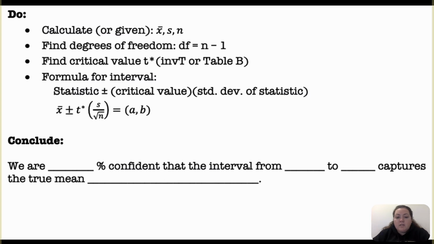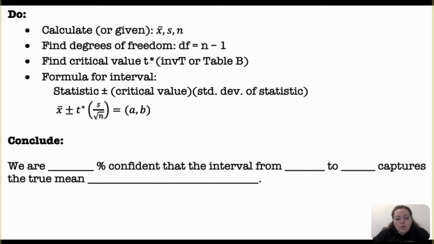We're going to use inverse t, or we can use our tables that come along with our reference sheet and formulas. And then the formula for this interval is our statistic plus or minus our critical value times the standard deviation of our statistic. Remember, critical value times standard deviation of your statistic makes up your margin of error.